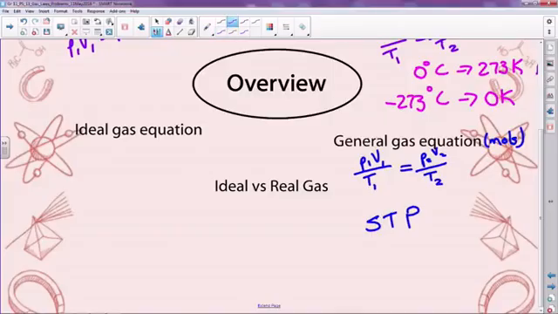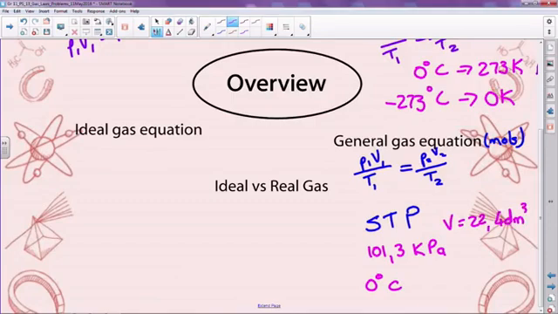In case you don't remember, standard temperature and pressure is 101,3 kilopascals for your pressure, and your temperature is 0 degrees Celsius. At standard temperature and pressure, your volume is 22,4 cubic decimeters of any gas. Any gas will take up 22,4 cubic decimeters of volume at standard temperature and pressure.